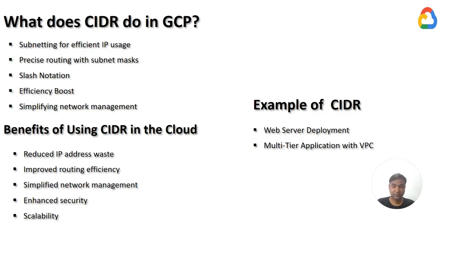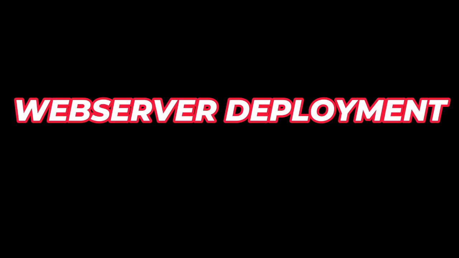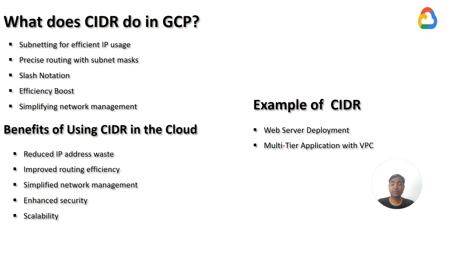Let's consider one example of CIDR: web server deployment. Imagine you are deploying a web application in GCP Compute Engine. You need to allocate IP addresses for your web server but want to avoid wasting precious resources. Here is how CIDR can help.